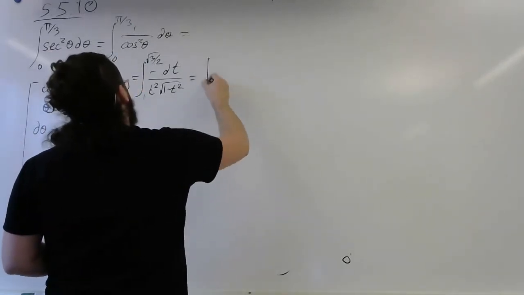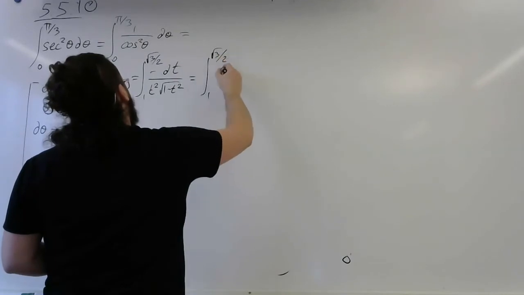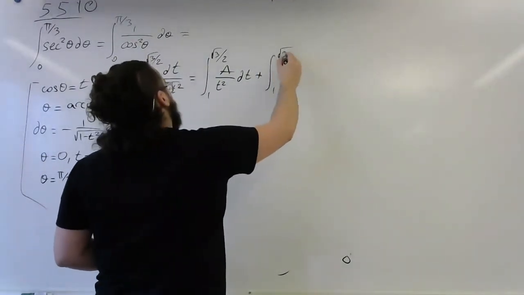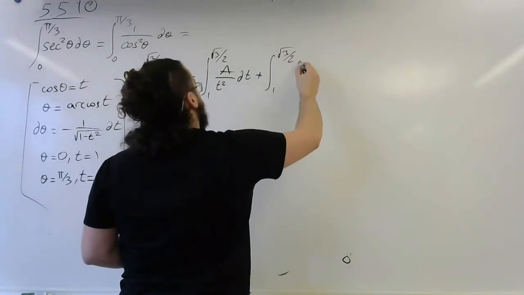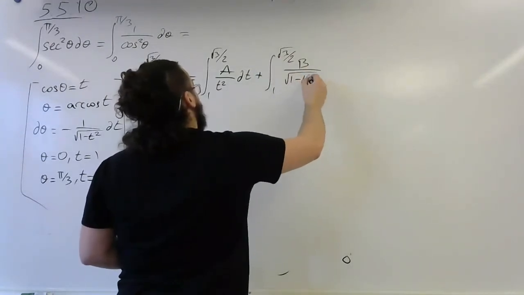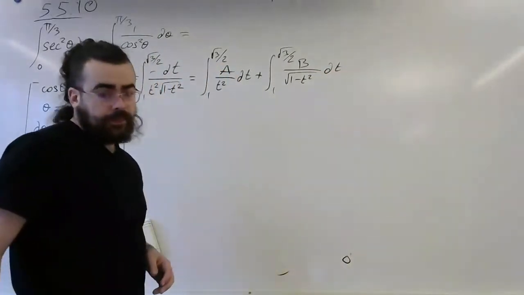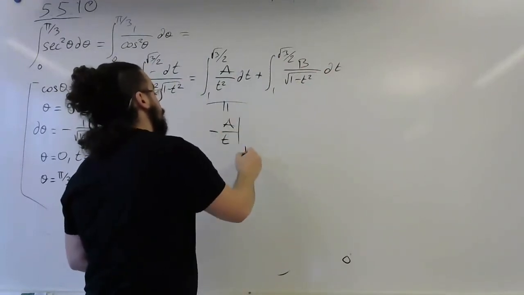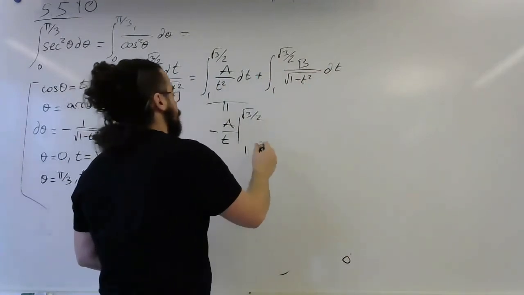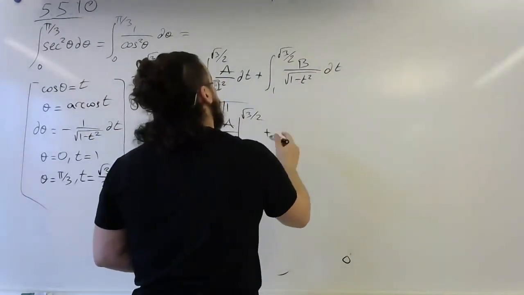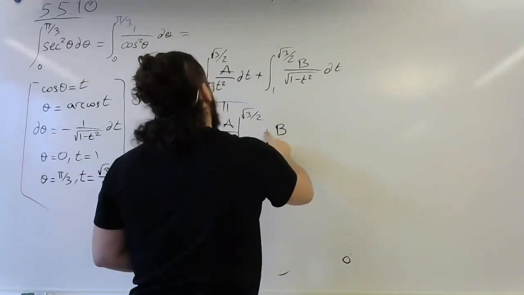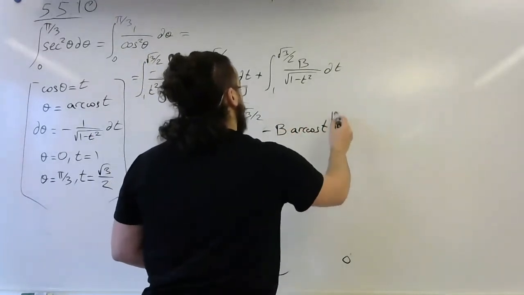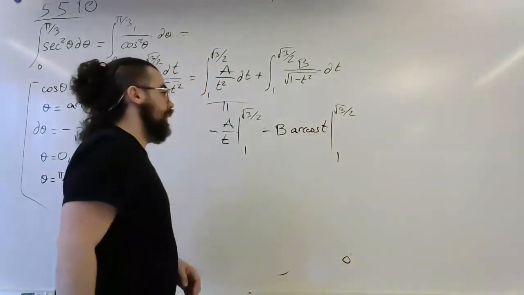The idea of this is that this is, and once we have this, this is minus a over t evaluated between 1 and square root of 3 divided by 2 plus this thing right here.